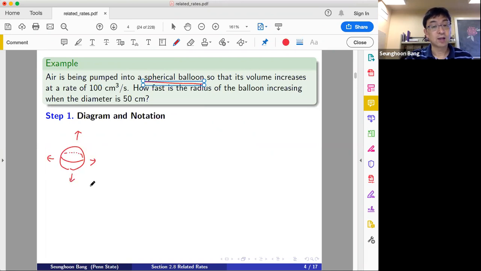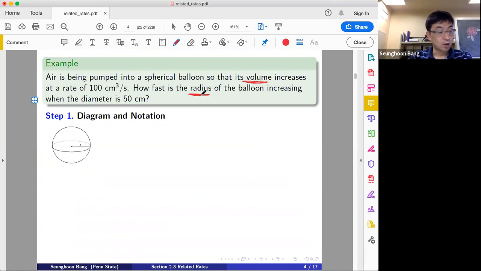So that's it, this is the diagram. Next, what kind of notation do we need here? We need volume, radius, and time. So here, V is volume, r is radius, and t is time.